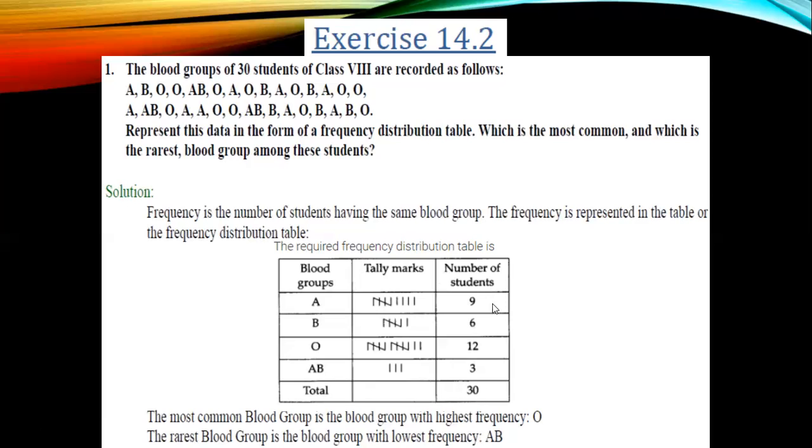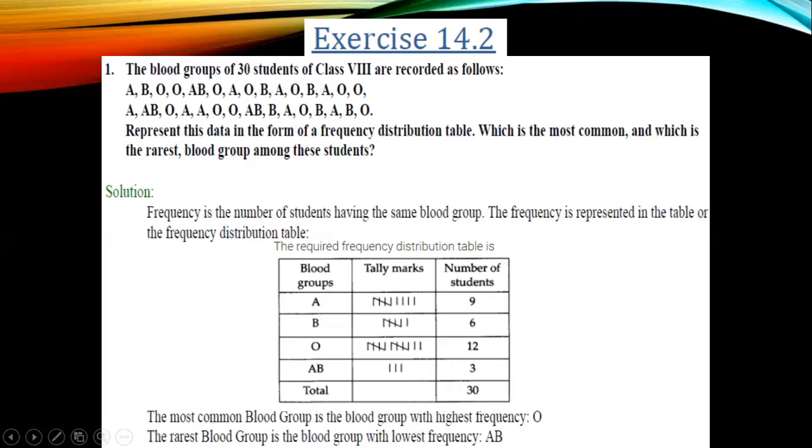Now from this, we can easily conclude which is the most common blood group. As you can see, there are 12 students having the O blood group. Therefore, the most common blood group will be the blood group with the highest frequency, which is the O blood group. And the rarest blood group will be the blood group with the lowest frequency.